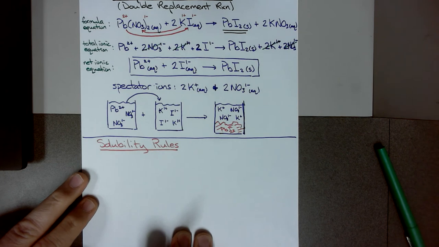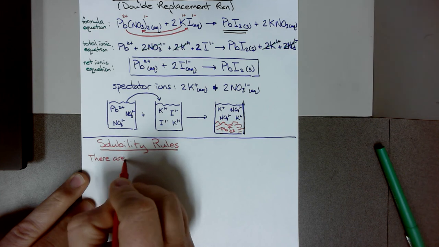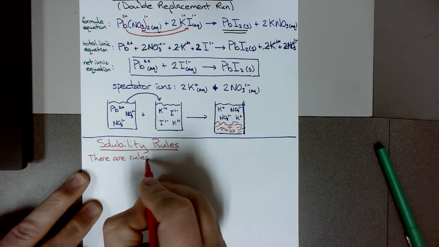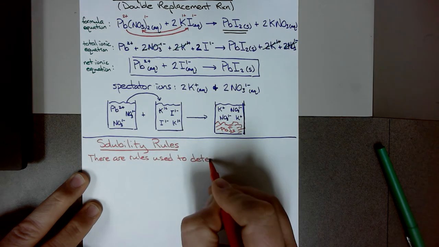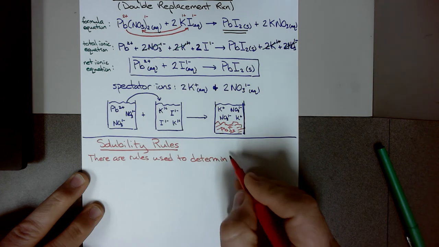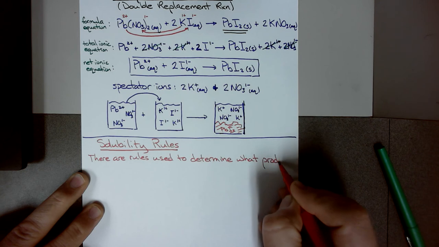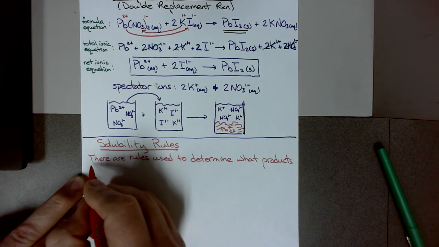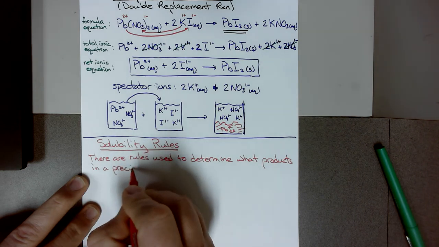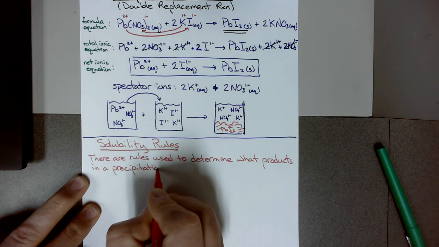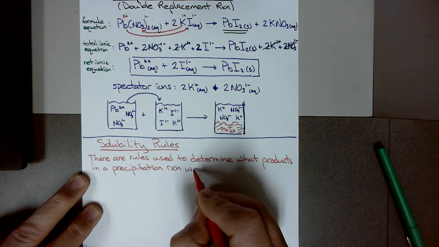Now, what are the solubility rules? These are rules used to determine what products in a precipitation reaction will become solid or will precipitate.